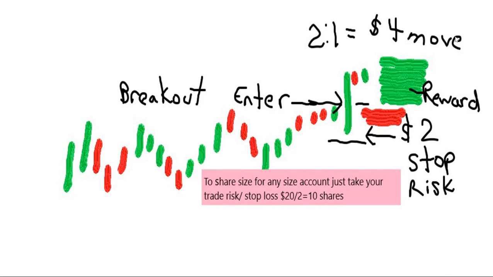The share size you would just simply take as an example. If you had $20 of risk divided by a $2 stop loss, you could buy 10 shares. And then you're looking to get some sort of a reward for your risk. So in this case, let's say we want at least a 2-to-1 reward, we would need a $4 move in that stock price. So pretty basic to understand.